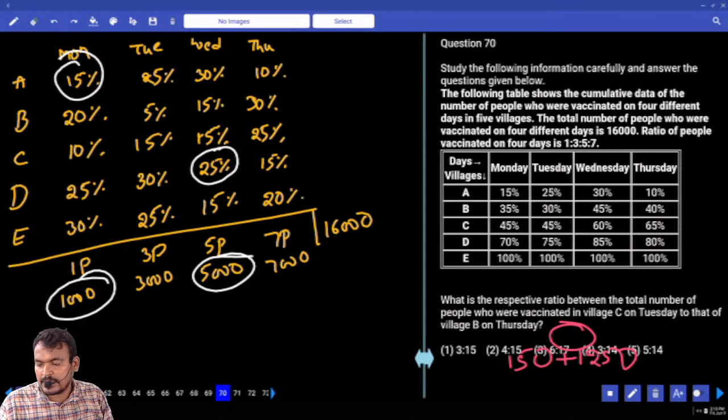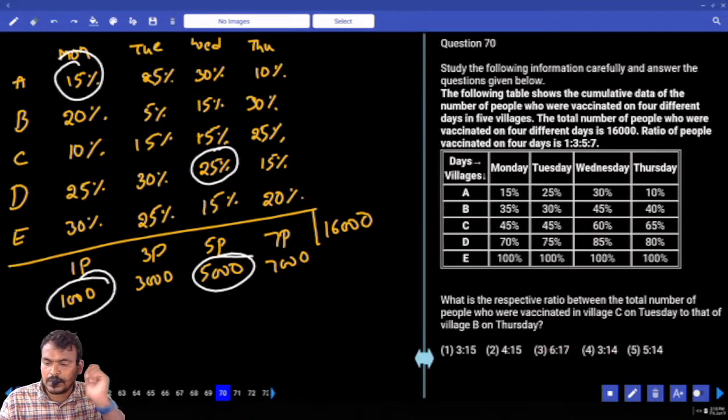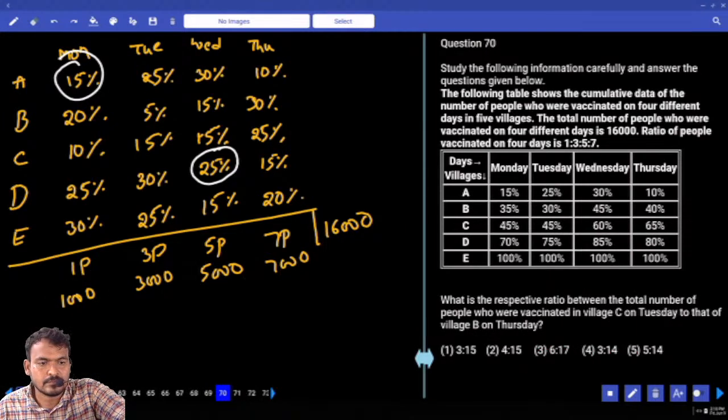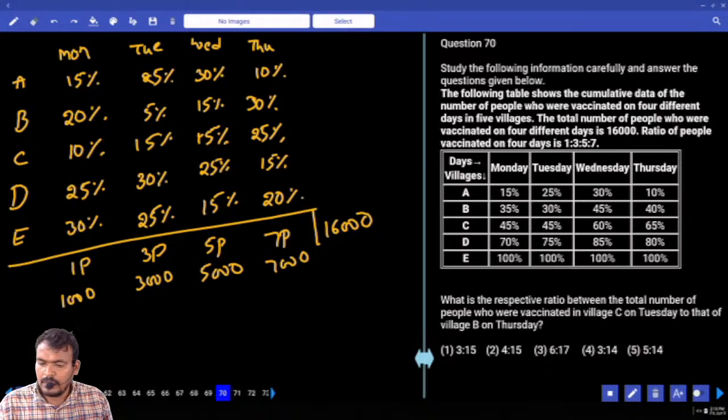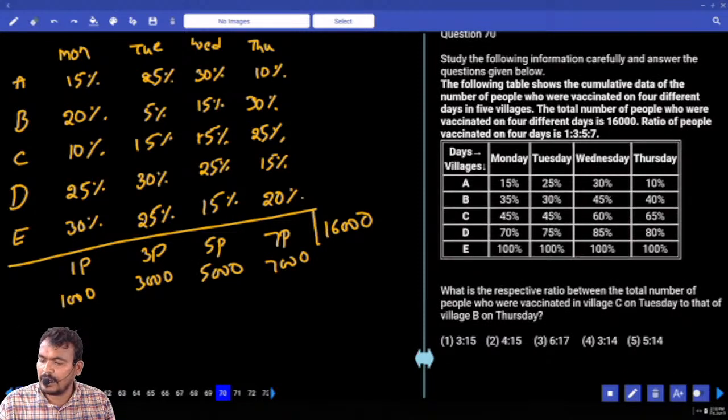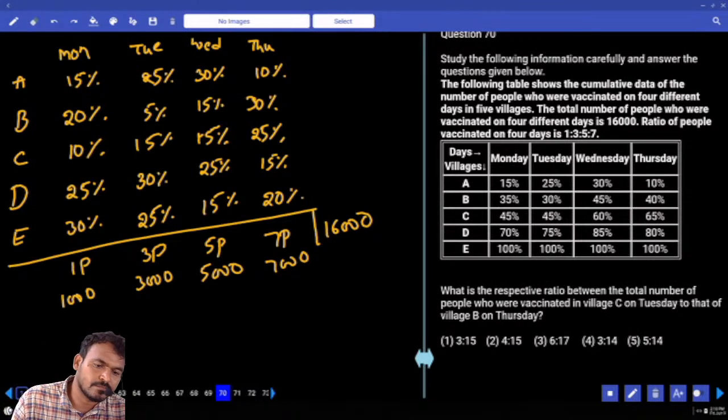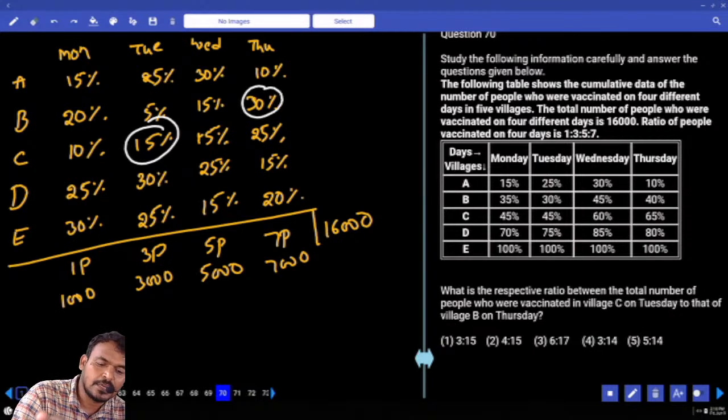Next question number 70. What is the respective ratio between the total number of people who were vaccinated on village C on Tuesday and to that of village B on Thursday? What is the C value on Tuesday? C on Tuesday 15. Next B on Thursday. B on Thursday 30%.